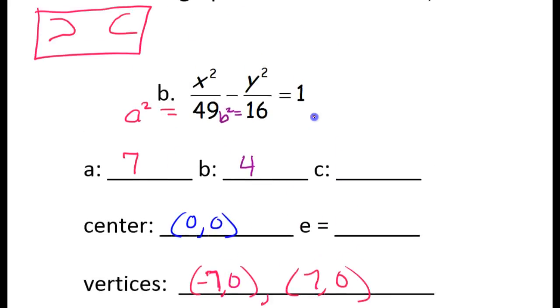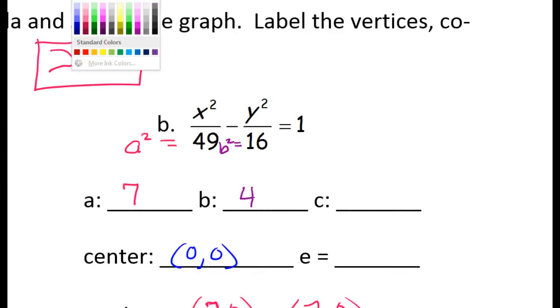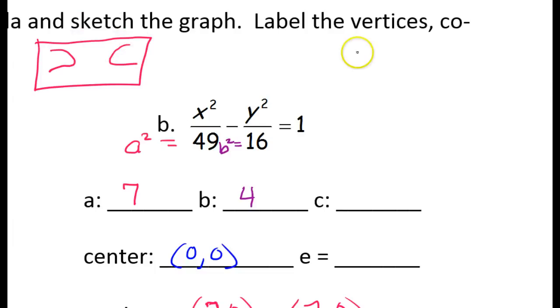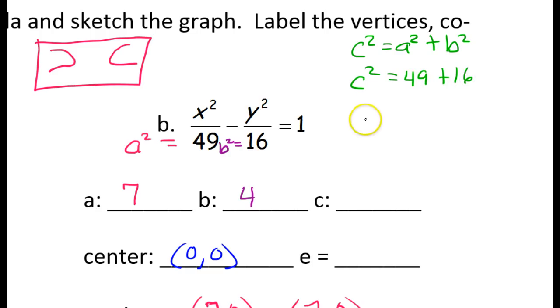we will need the c value. Okay, so we know that c squared is equal to a squared plus b squared for hyperbolas, not minus like it is for ellipses. So c squared is equal to 49 plus 16.